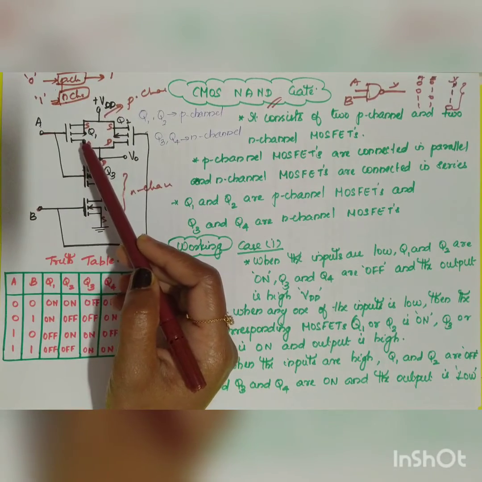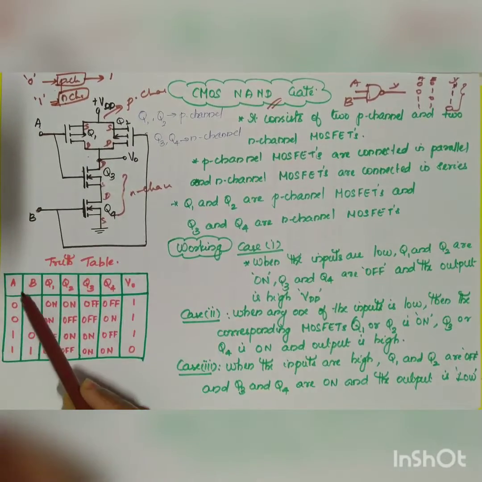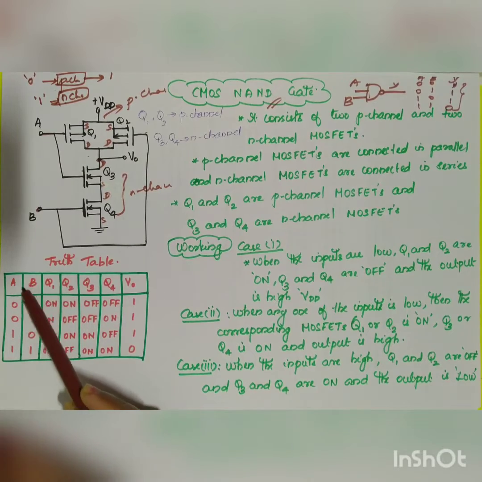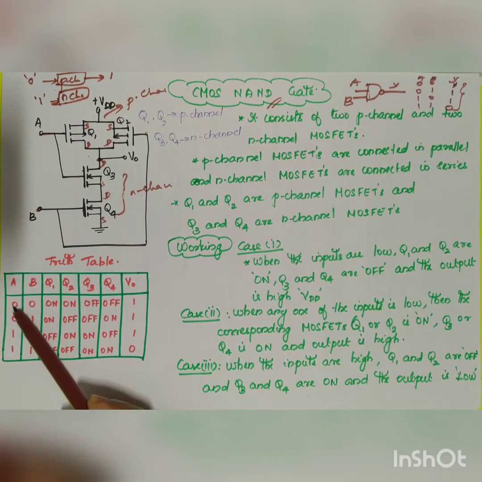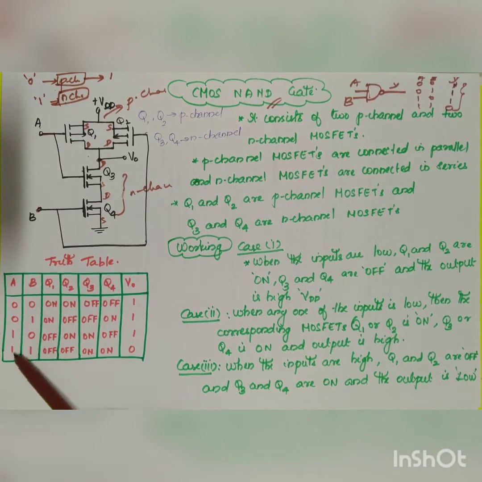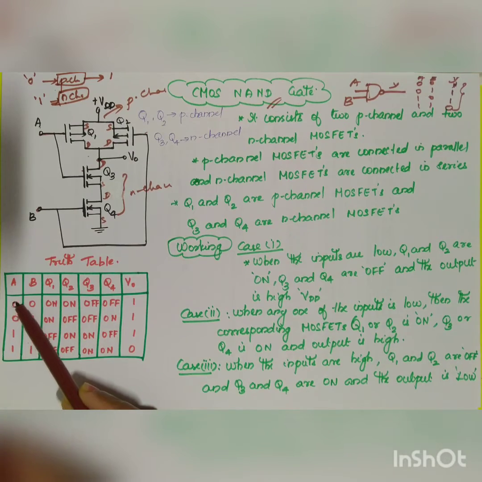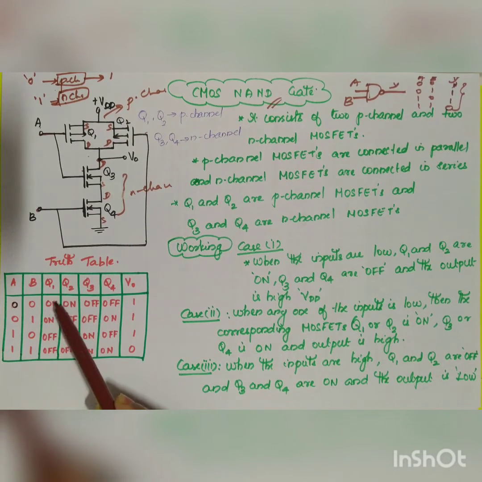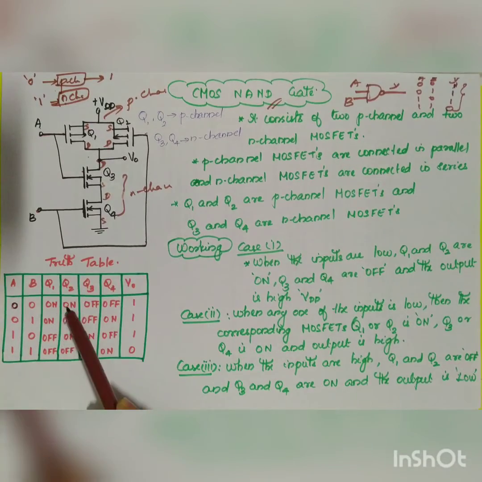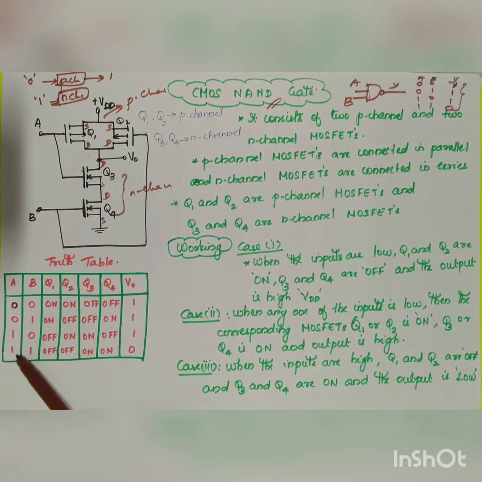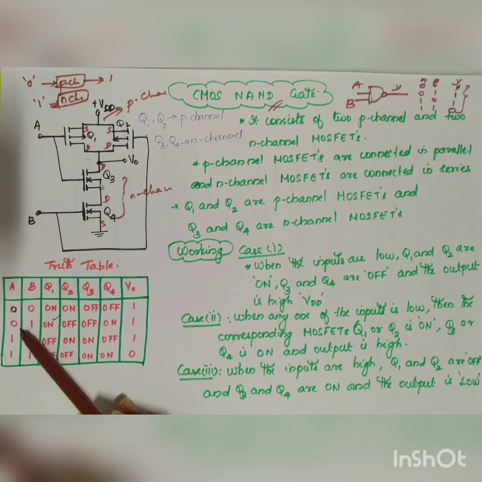So how can you write the truth table? If I take 2 inputs A and B, what are the 4 combinations? 0, 0, 0, 1, 1, 0, 1, 1. Whenever the input is low, transistors Q1 and Q2, the P channel ones, will be on. Whenever the input is high, Q3 and Q4 will be on. So if any one of the inputs is low, what will happen?